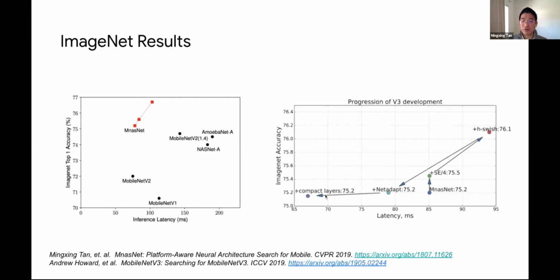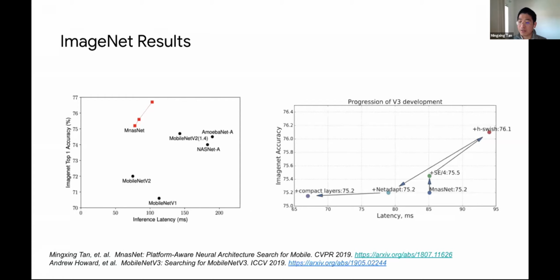So one of the additional lessons learned from MobileNet v3 is that this AutoML design, or neural architecture search design, can complement human design, because AutoML can only try to find a good candidate in the search space. And this search space is designed by humans, so it's limited by how good your search space is. In contrast, humans are very good at intuitions.